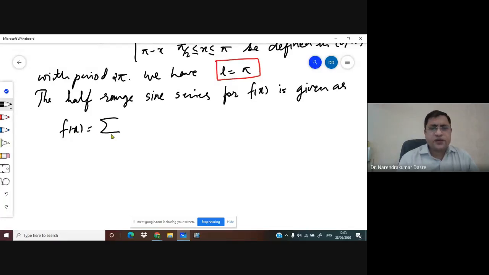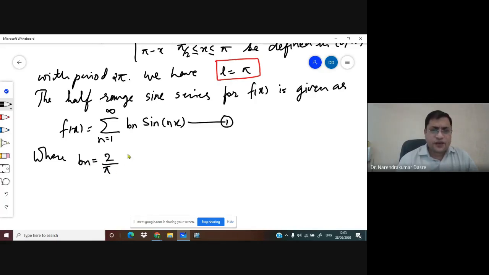So we have summation n running from 1 to infinity of bn sine of nx. Let this be equation 1, where bn is equal to, since L is equal to pi, 2 upon pi integral from 0 to pi of f of x sine of nx dx. Please use proper brackets.